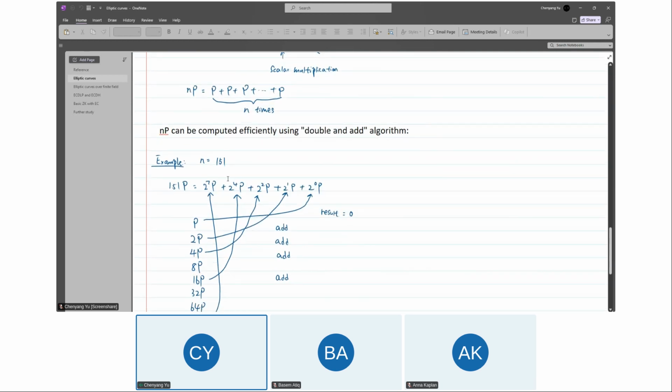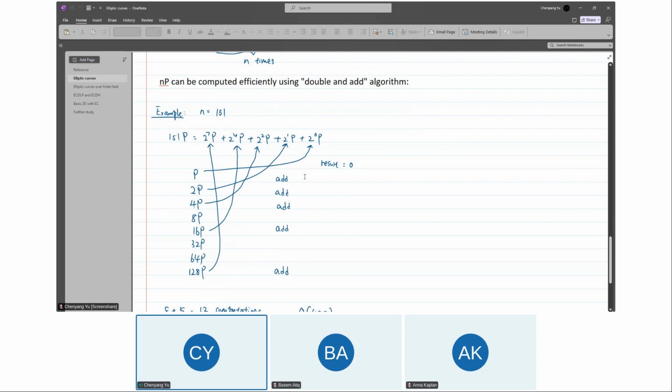For example, if we take n equals 151, so we are computing 151P. The way it works is like in DSA, this is called memoization, right? You just break everything into 2 to the something power. You can always do this because you can decompose a decimal into binary, right?